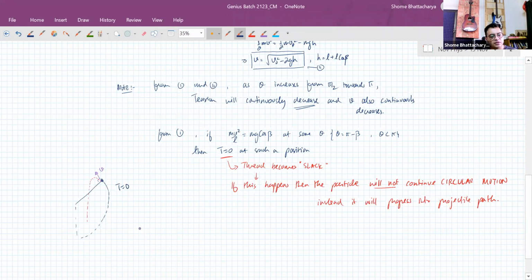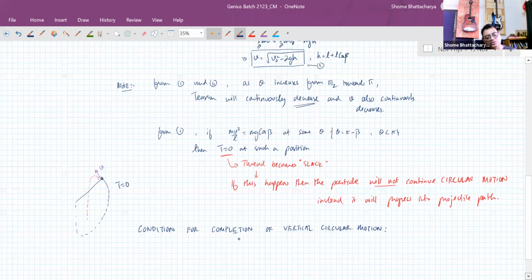So next we will look at the condition for this not to happen. Condition for completion of vertical circular motion. So we want it to complete the circular motion in that vertical plane.